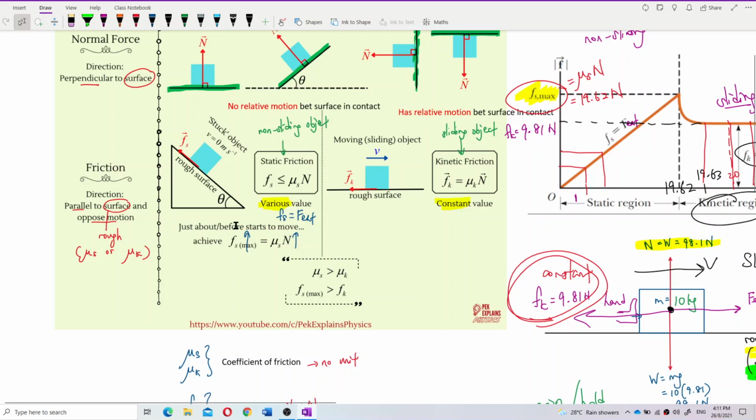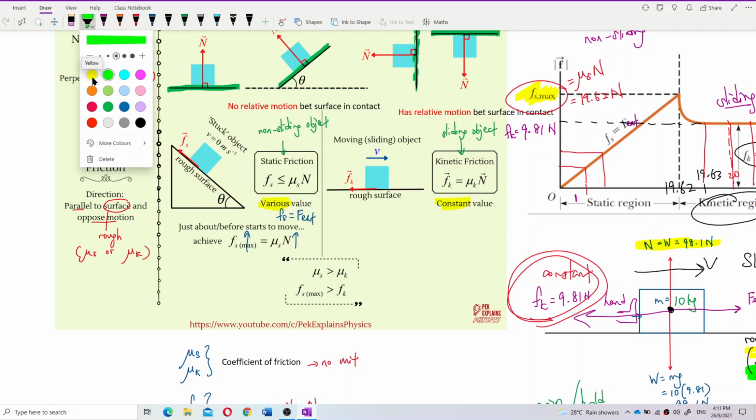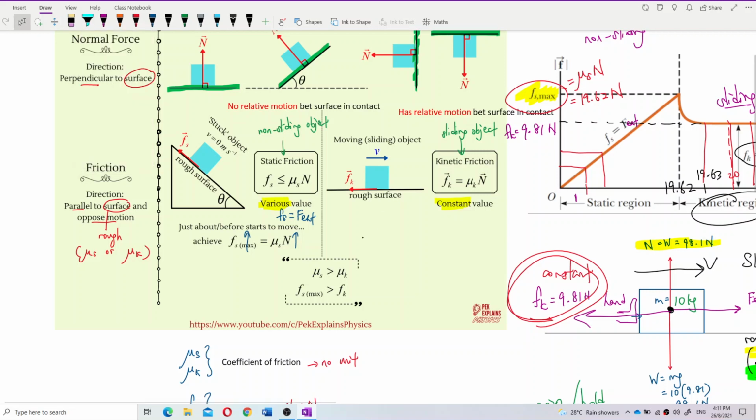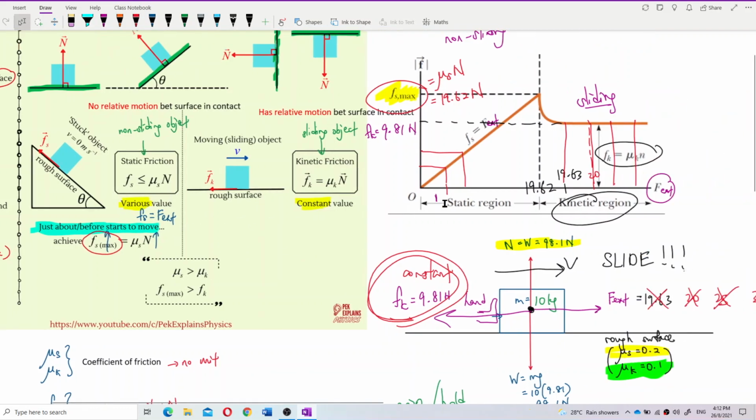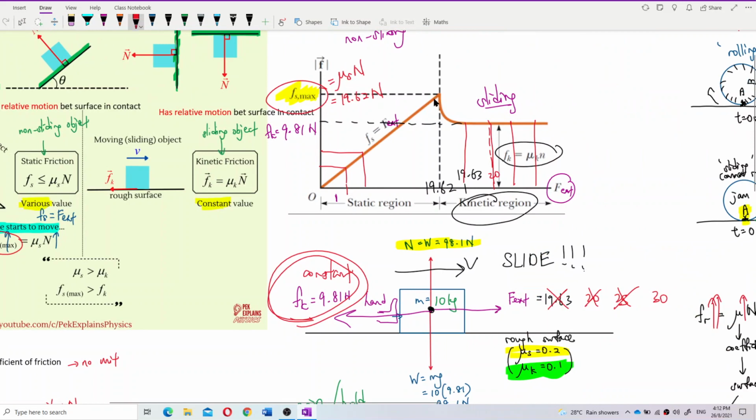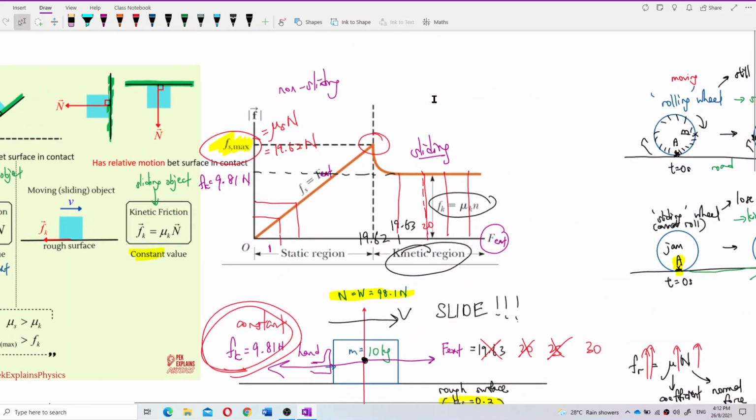So whenever you see in the exam, you often see this keyword: just about, or just before the block starts to slide. What it means is that it has achieved the maximum static friction. What is meant by this point?